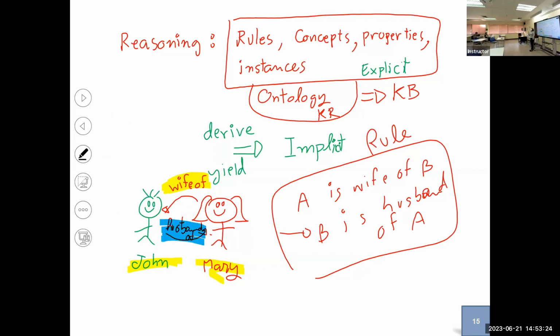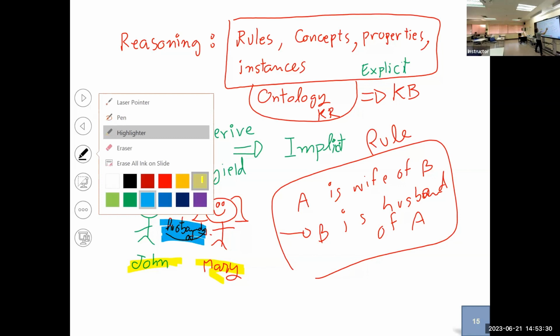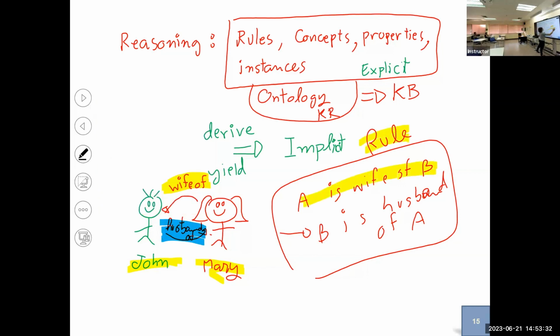Blue is derived knowledge based on this rule. If we define this rule, together with these facts or data, then these blue things can be derived, right? They must come together. And this applies to any other example as well.